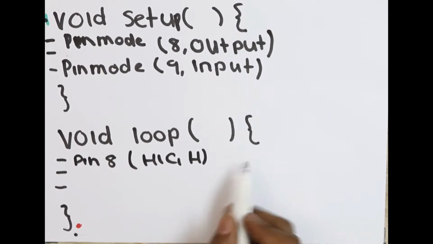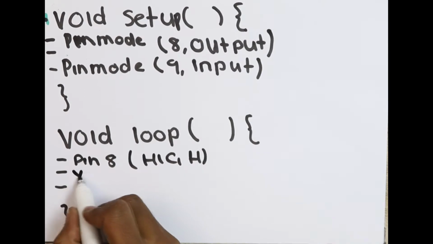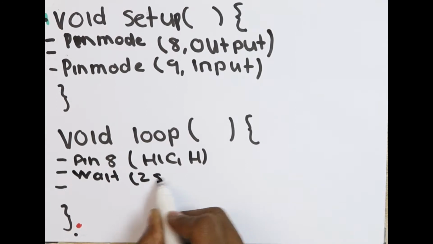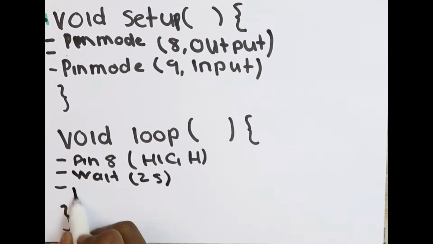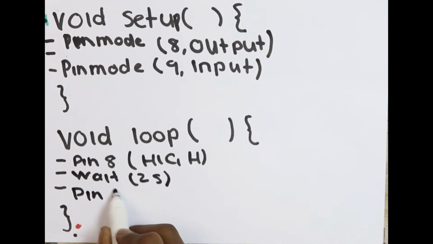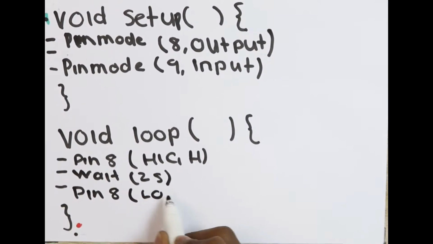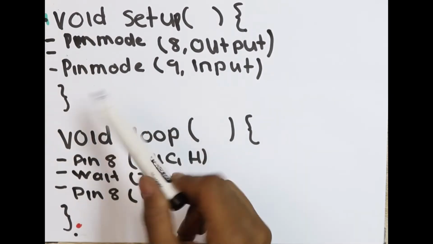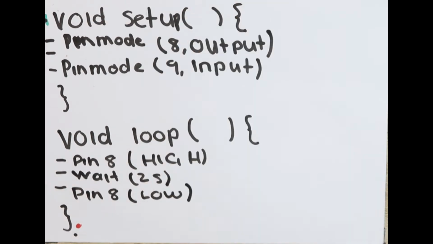This turns the LED on, and then I can tell it to wait 2 seconds, and then afterwards I want you to turn the LED off using pin number 8, and this will be in a loop and loop and loop and loop. Remember that once you get into this loop, your code never goes back to the top, right? So these would be the elements that you have in your code in a basic way.